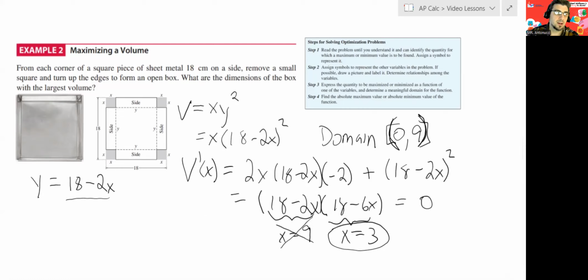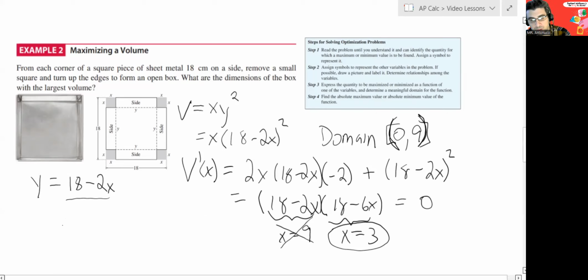Now, we can use either the first or second derivative test and determine whether x equals 3, that critical number, is a relative max or relative min. It's probably going to be a max, but you have to show the work and justify that it's going to be a max.